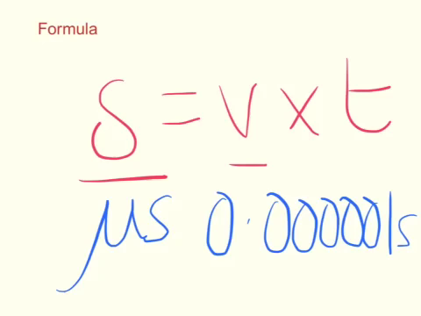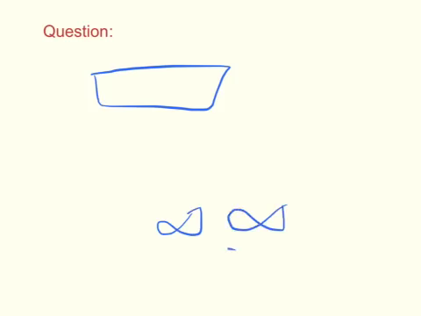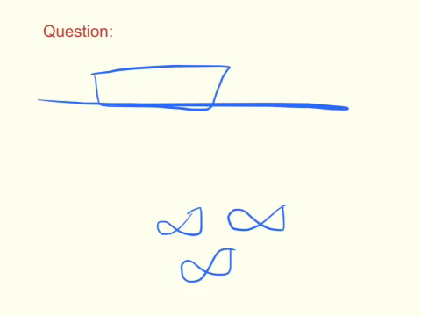So here's an example question, and you're going to have to give your answers to this in the quiz. We've got a fishing boat. It's using sonar to detect a shoal of fish. A short pulse of ultrasound is emitted from the boat, and the echo from the shoal is detected 0.1 seconds later.